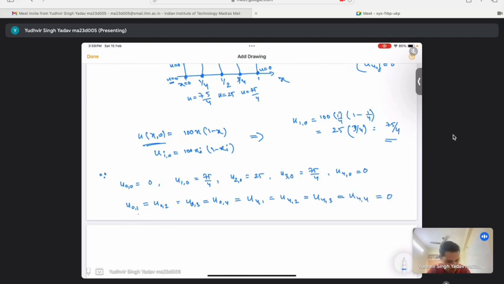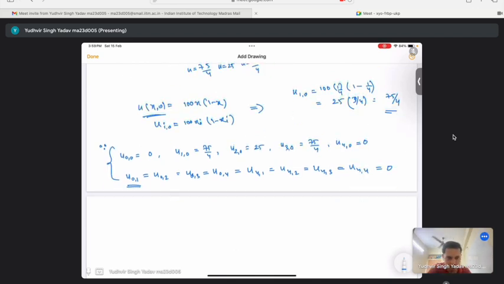These are all zeros, since these are boundary points, and from the boundary condition u is 0 at the boundary. These values we already know at first hand, and we will use them to find the unknown values.